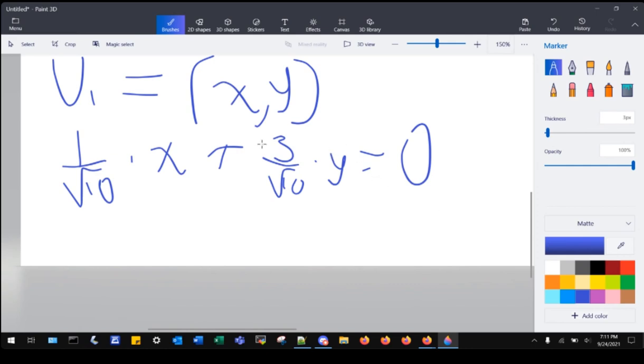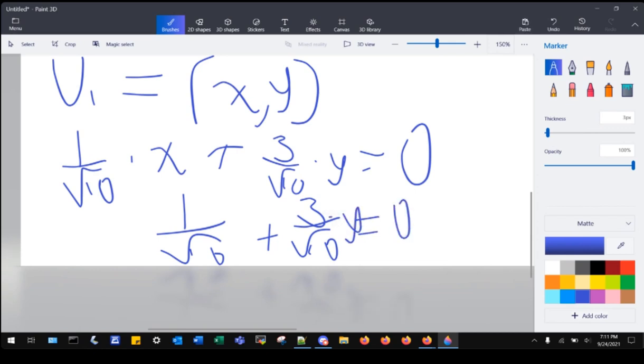So in this case, 1 over root 10 plus 3 over root 10 times y equals 0. Then we solve for y. So 3 over root 10 times y equals negative 1 over root 10. Multiply both sides by root 10. So 3y equals negative 1, and so y equals negative 1/3.